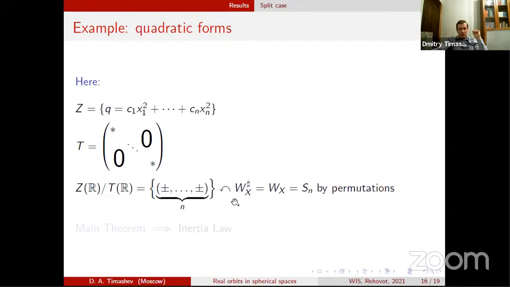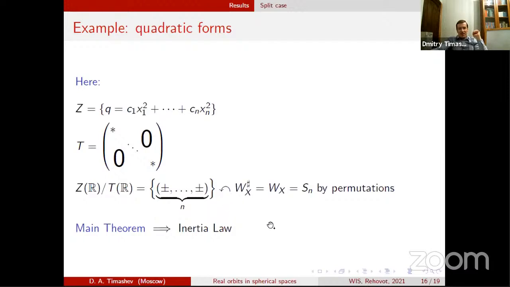Of course, I do not explain in detail how these groups act on real Borel orbits or real torus orbits, but just trust me that the action is the natural one by permutations of these entries. So the orbits for this group are given by numbers of pluses and minuses, which are nothing but inertia indices of a quadratic form. So in this case, the main theorem specializes to the inertia law of Sylvester, as it should, of course.